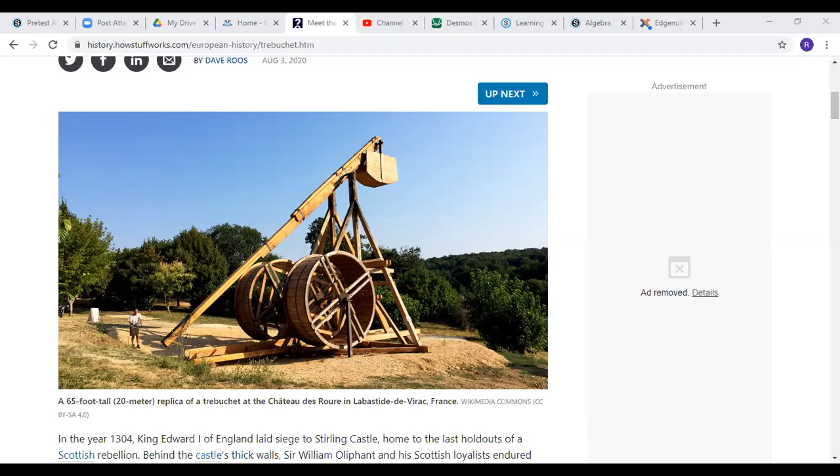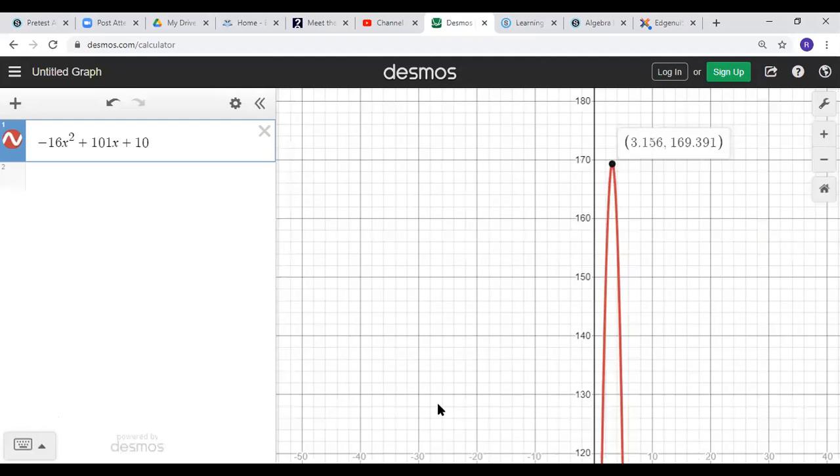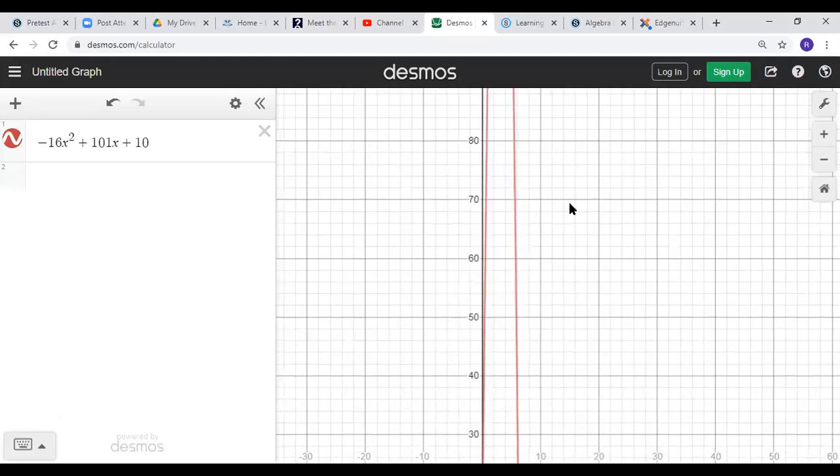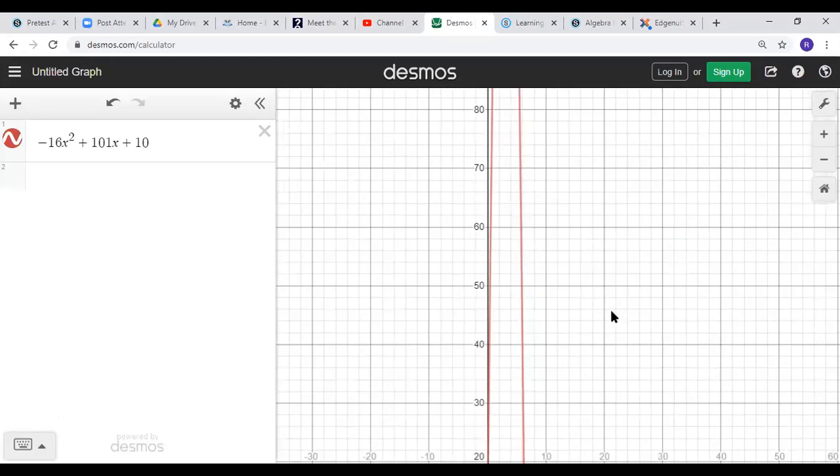How many seconds will it take the ball to reach its maximum height? Okay, so, thinking about maximums and minimums, let's go ahead and review something else that we may be familiar with, and that is graphing. All right, so we've graphed it. This is our graphing tool that we've used.